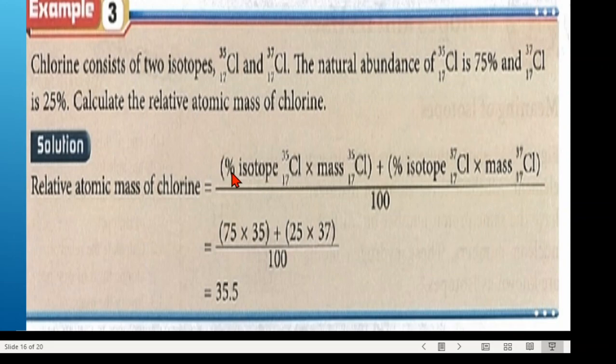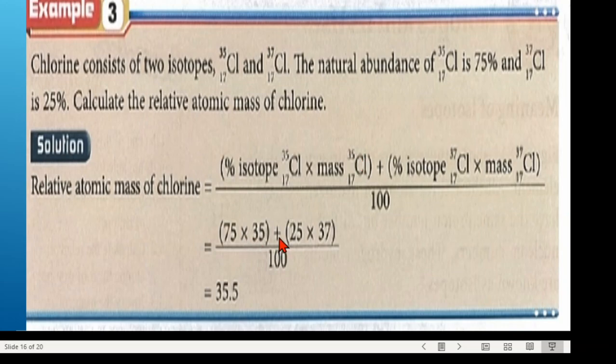So here, the percentage of isotope chlorine-35 is 75, right? So 75, times the mass of chlorine-35. So 35 here, so 35.